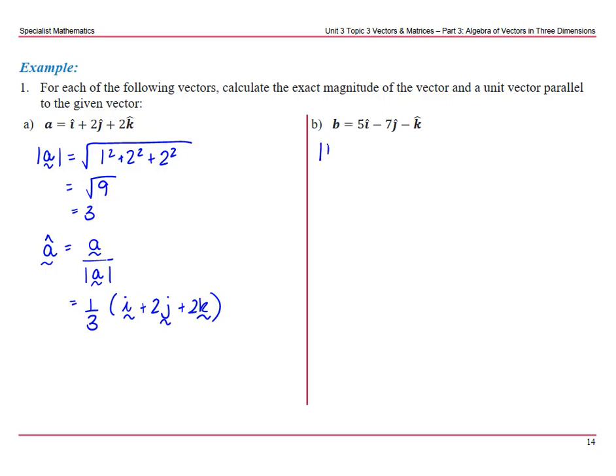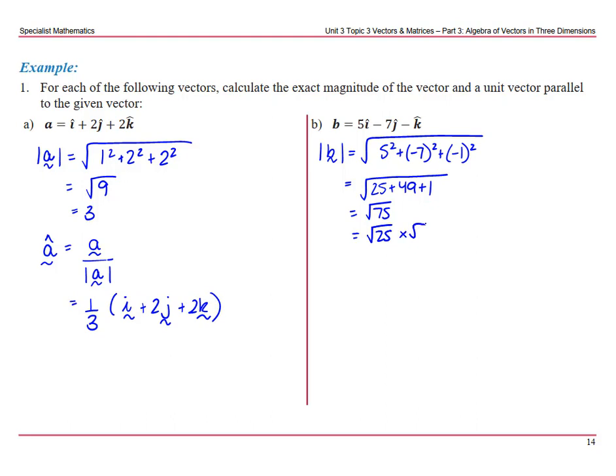So for this one, the magnitude of b is equal to the square root of 5 squared plus -7 all squared plus -1 all squared. So that's equal to the square root of 25 plus 49 plus 1, which is the square root of 75. That can be simplified as the square root of 25 times the square root of 3.